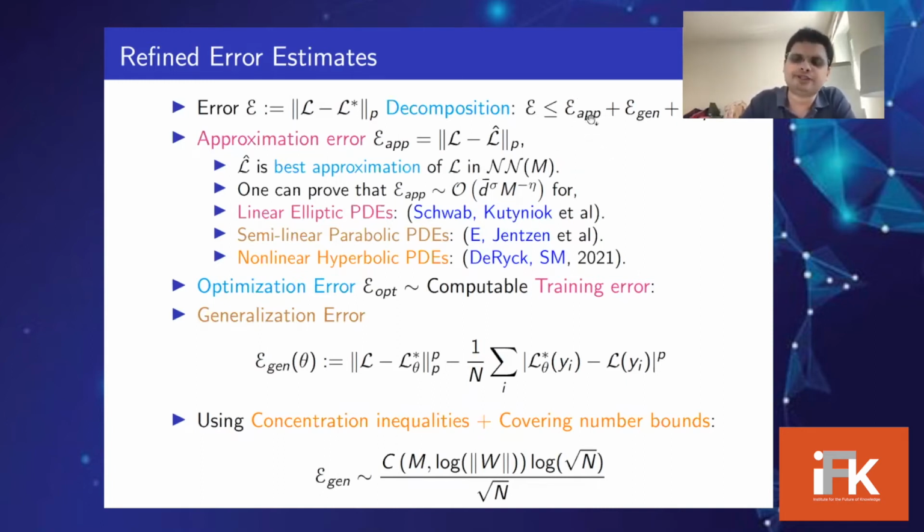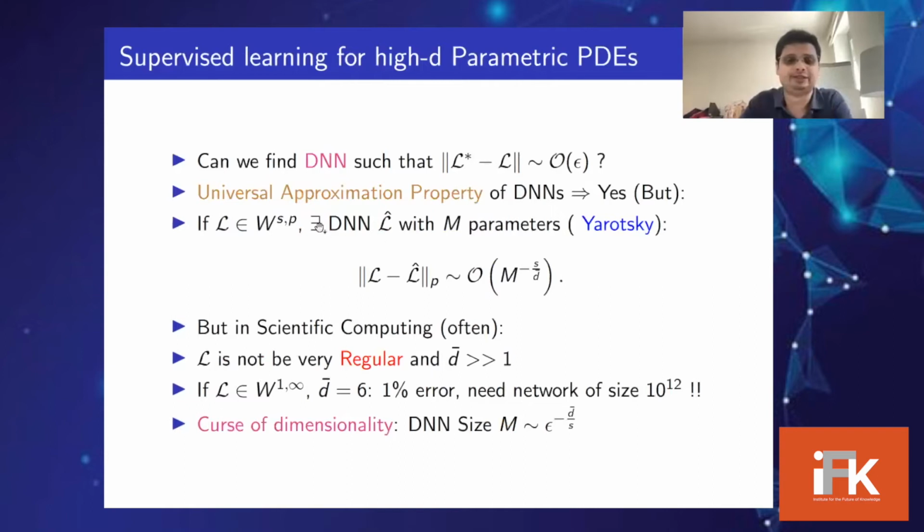The first component is what is called an approximation error. This is just a best approximation. Remember that neural networks are a function class, a hypothesis space, as they call it in computer science, and it tells you the best you can do approximating a general function by this particular class of functions. And remember that here, when we just say that these are S derivatives, we got something very bad.